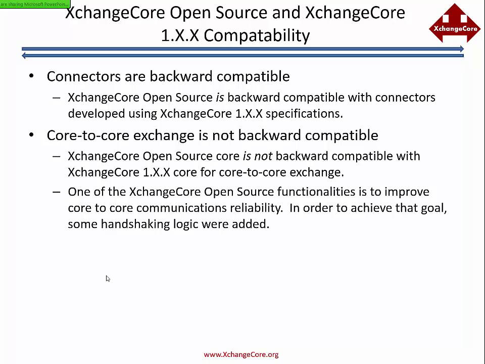It's going to cut the cost down by 1/3, the level of effort down by 1/3, and this is a secret: it might improve cooperation among those jurisdictions, something that we see as a side benefit of XchangeCore. So, compatible with all the software connections that have been written, but if you have core-to-core exchanges going on, you need to make those upgrades all at the same time.